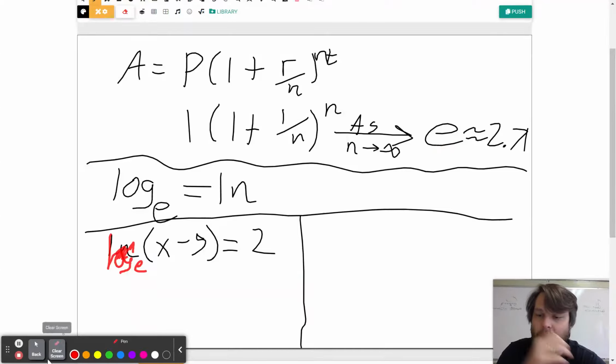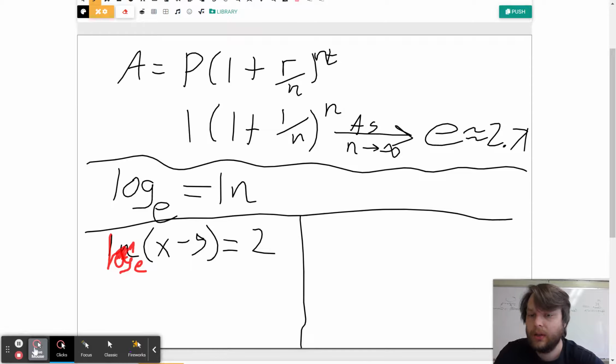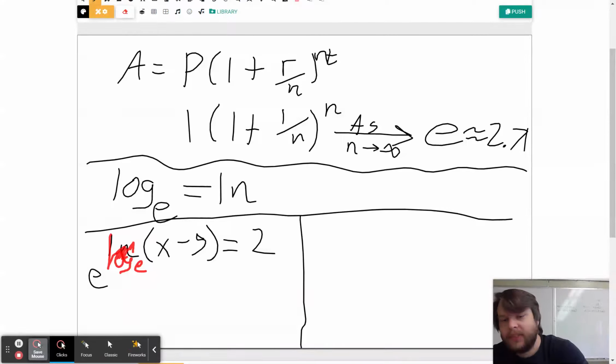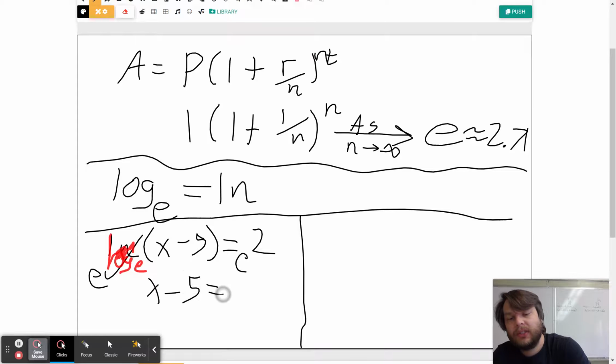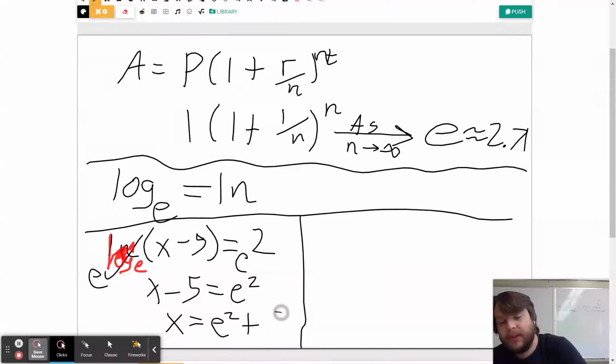Okay? Then what I can do is raise both sides as the power of e, because logs and exponents are inverses. And so that just gives me x minus 5 equals e squared. Solve for x just by adding 5. x equals e squared plus 5.